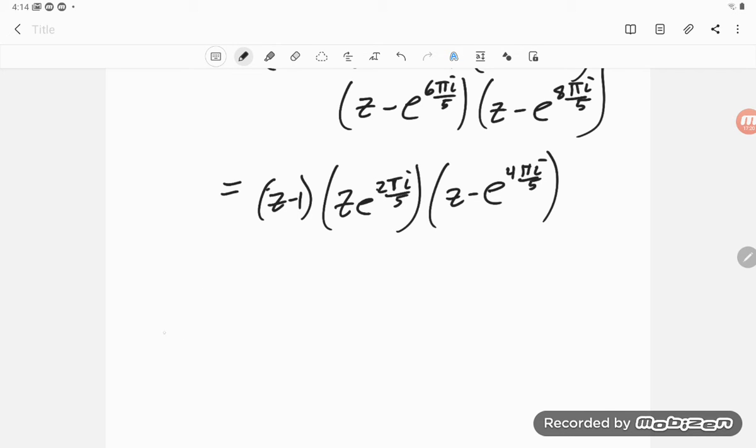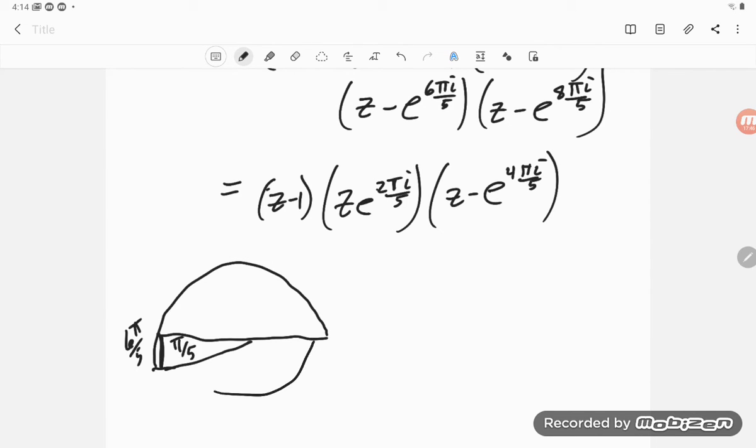So as I look at this, I gotta think about what these are, and I came over this way, 6π over 5. Okay, so I am here, this amount is π over 5. So if I come back this way, that's (z minus e to the negative 4πi over 5).